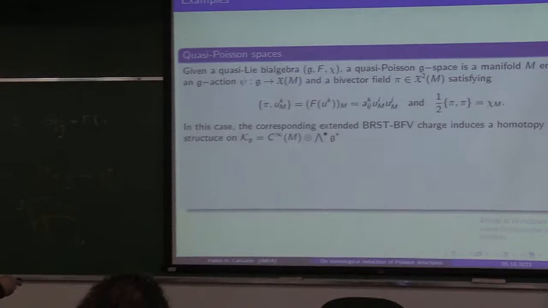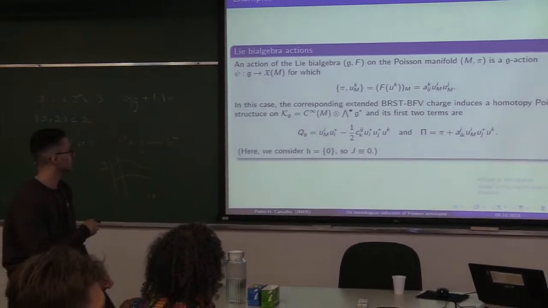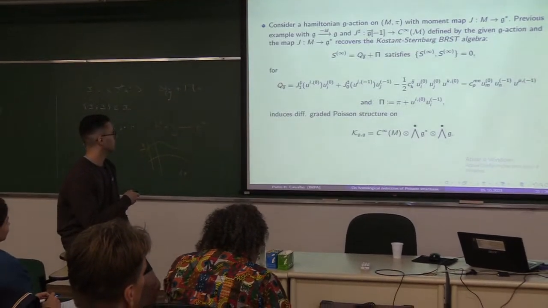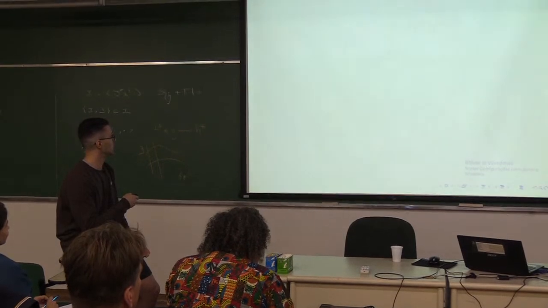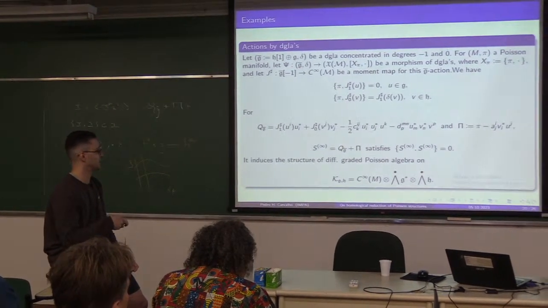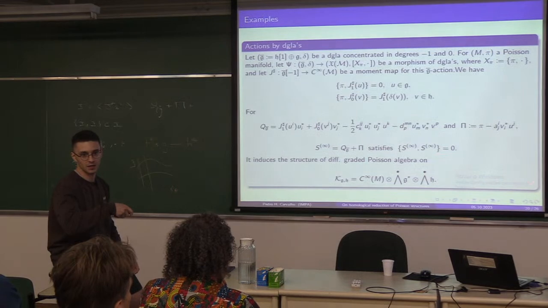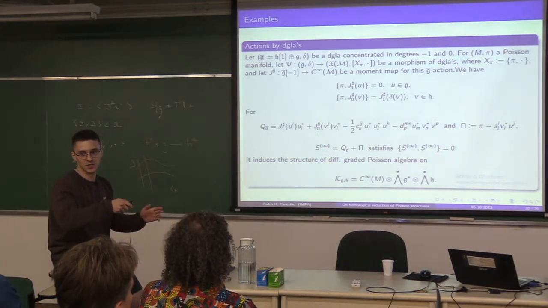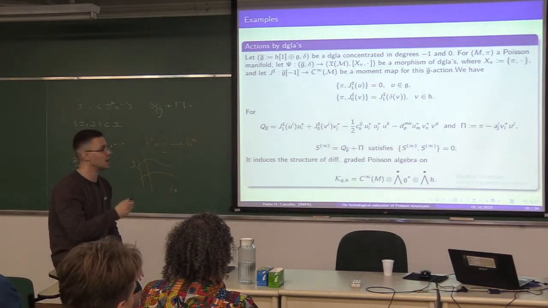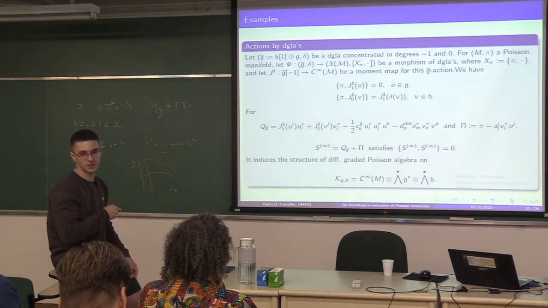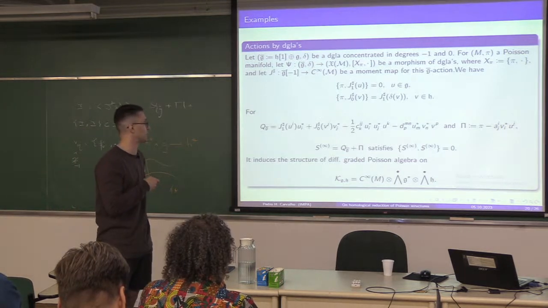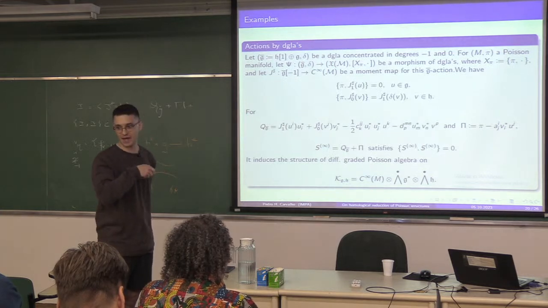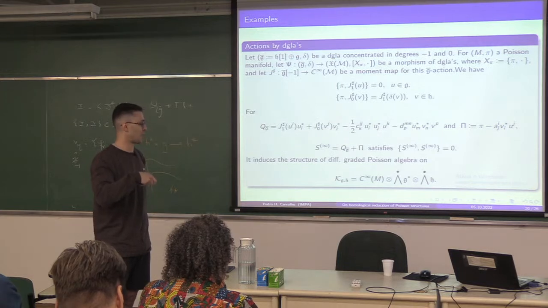I think the only case is, for example, this case for an action, but it's not for all the terms, you stop at the second term. Maybe if you generalize this, for example, instead of a differential graded algebra here, you have an L-infinity algebra acting, and you ask this to be up to homotopy, maybe you have higher terms here.